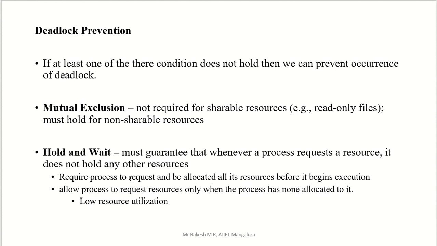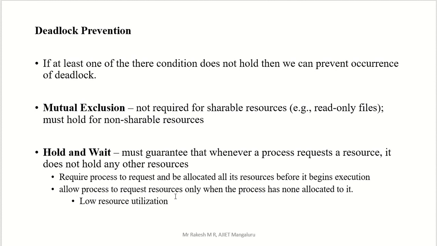Require process to request and be allocated all its resources before its execution. That is the first method. The second method is to allow a process to request resources only when the process has none allocated to it. That is the second method. You are going to allow a process to request resources.